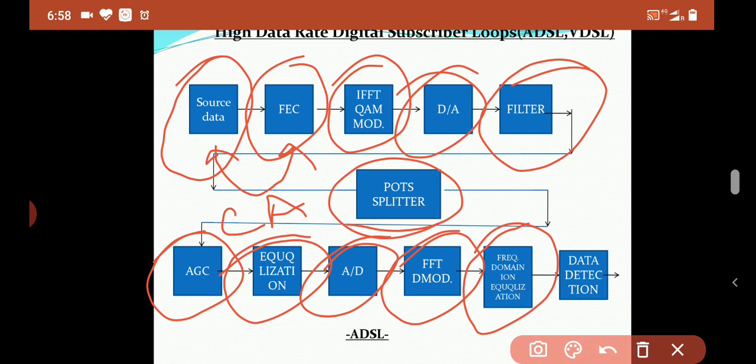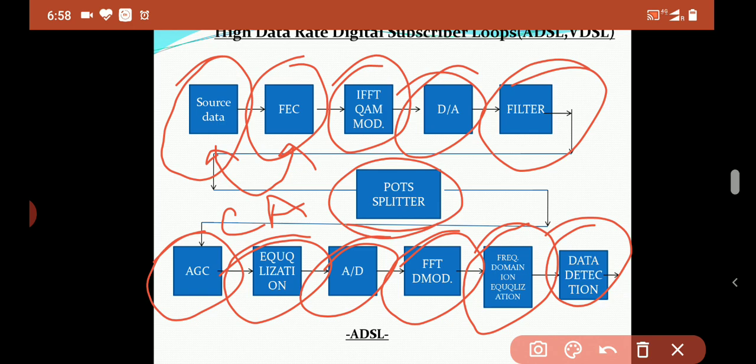Then there is data detection, or you can say interleaving, slicing of quadrature amplitude values to decode data and subsequent generation of a composite stream identical to the original source data.